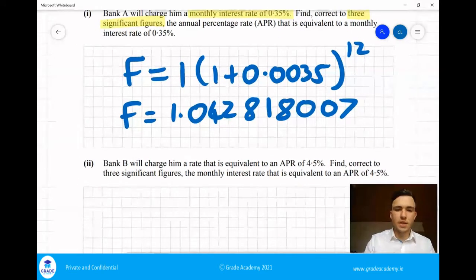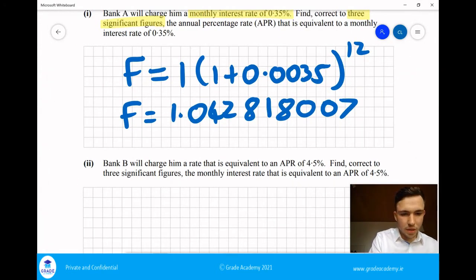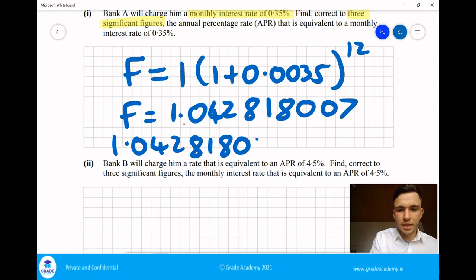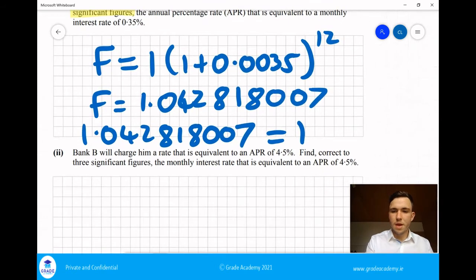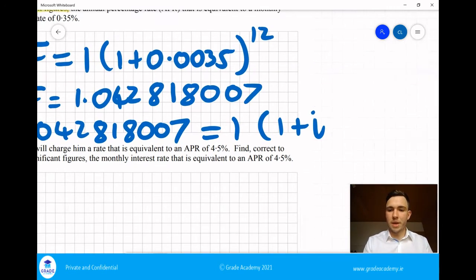Okay, so we need to now use that F figure to figure out what our APR is going to be. So we now know that 1.0428180007 is equal to, so we're investing €1 for 1 year. This time we're going to leave our I blank because that's going to be our yearly interest rate. And if I is a yearly interest rate, we can just put 1 as our time because that would be in years.